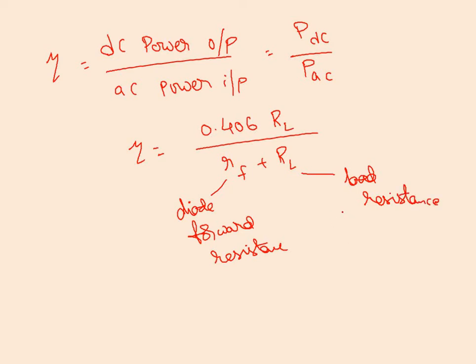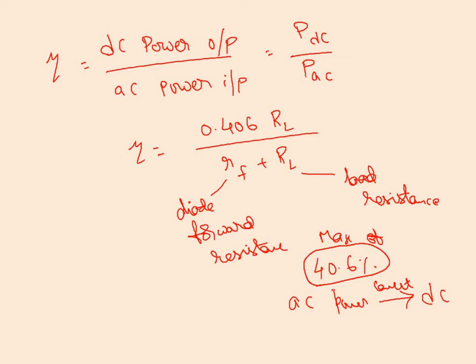In a half wave rectifier, a maximum of 40.6% of AC power is converted to DC. Remember this, very useful for your 1 mark questions. So eta is 40.6%: of AC power will be converted into DC.